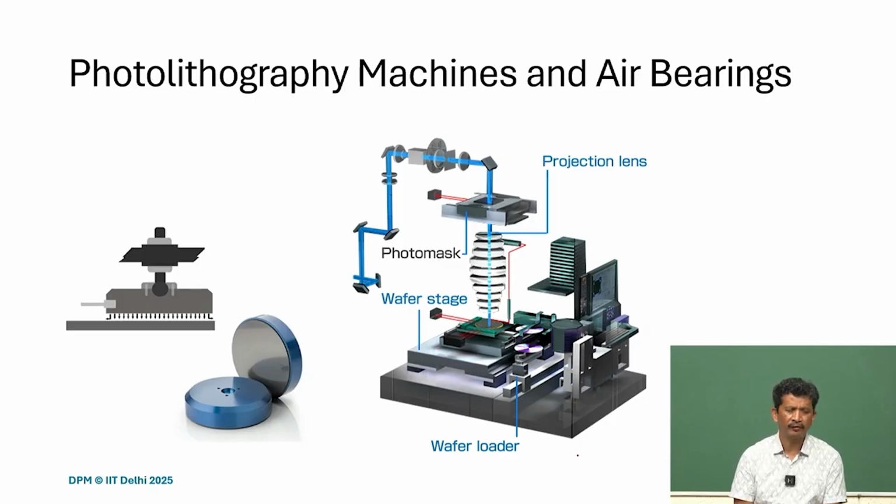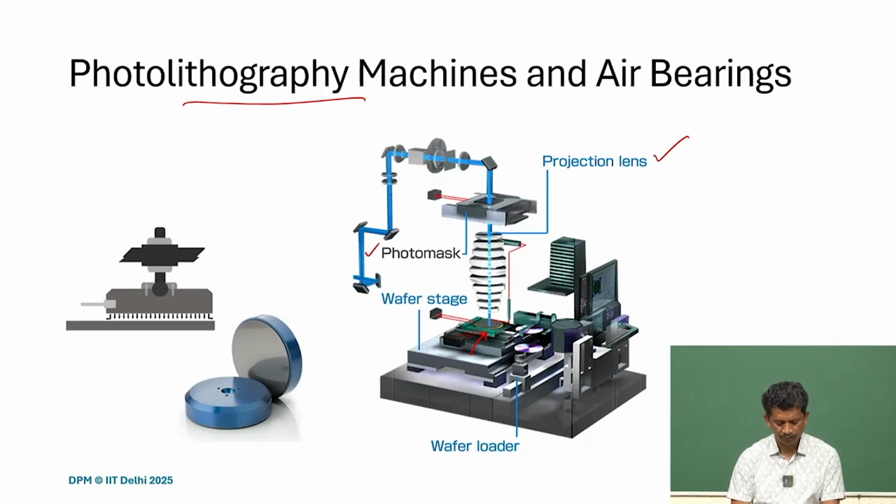Another very good example is photolithography machines, and it's just a construction shown here. And of course we have the projection lens and photo mask, and we shine a light, and then that will be shined on the wafer here through that projection lens.